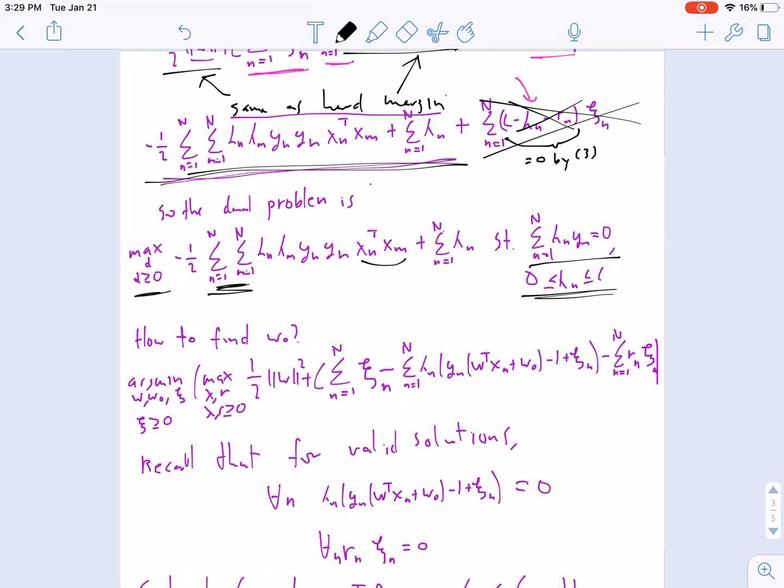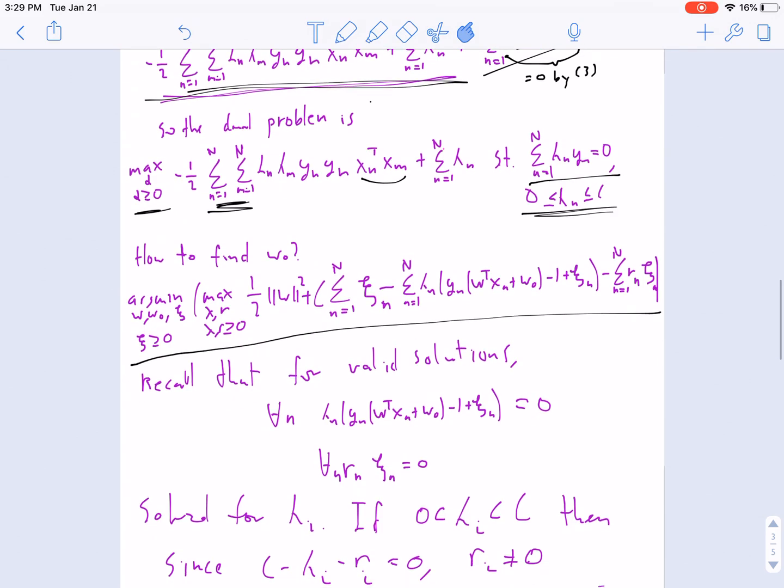So recall when we created the Lagrangian equation, we demonstrated first that it wouldn't return w naught and slack variables that didn't satisfy the constraints, and then we showed that for the constraints, these two terms would be 0. So for any valid solution that this returns, the last two terms are going to be 0.